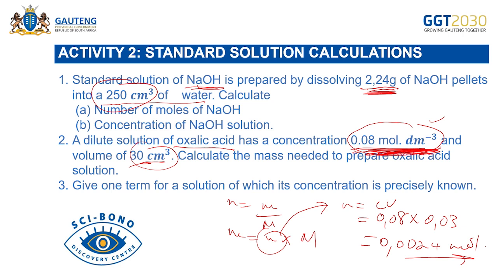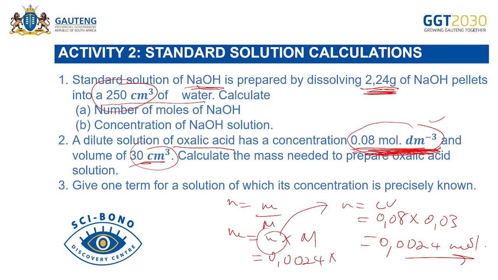The answer that we're going to round off to 2 decimal places will be the mass, which is what we are looking for. Now we have the number of moles, which is 0.0024. Then we need the mass of oxalic acid. You can see here, they are testing whether you know the chemical formula for oxalic acid. It's one of the things that you need to know. It's a requirement.